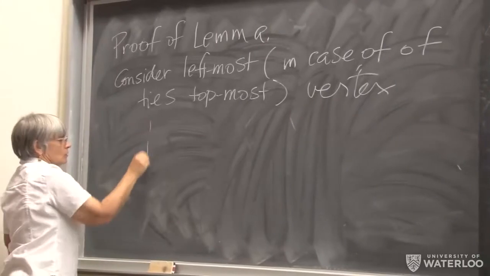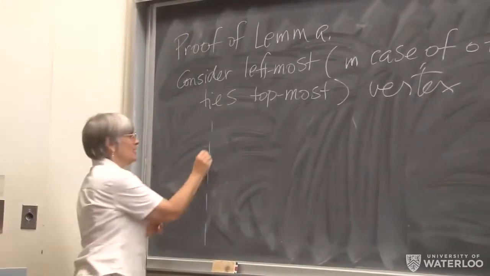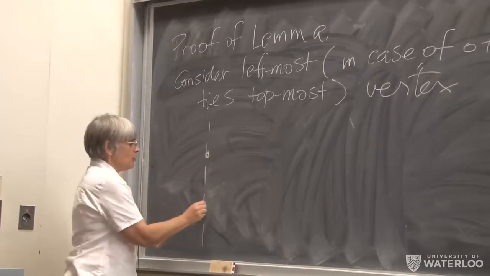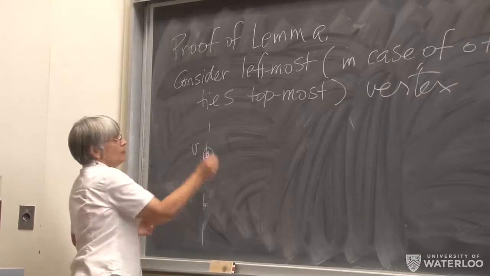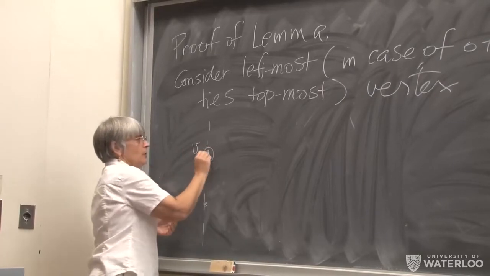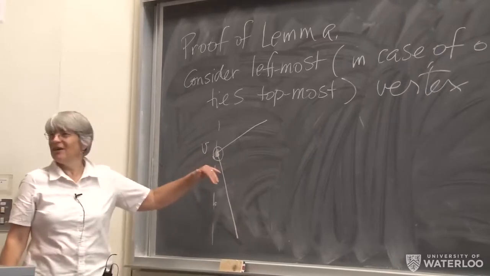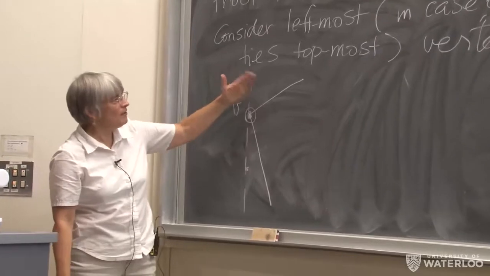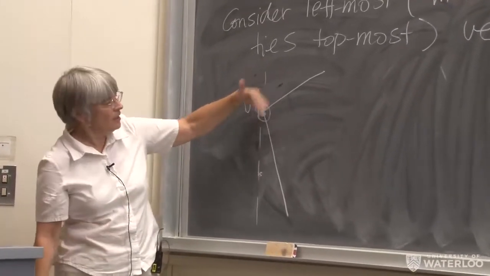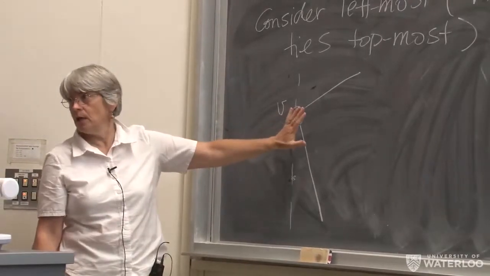Okay, so we're finding the line that first touches the polygon, looking at a vertex there. If there's more than one, we're taking this topmost one. Okay, let's call that V. Now, it's going to have 2 neighbors on the polygon boundary, but that's going to make a convex angle no matter what, right? Its top neighbor can't be above it. It has to be strictly to the right. The one below might be on this line, but in any case, we have a convex angle here.